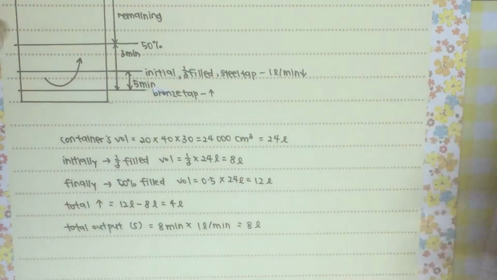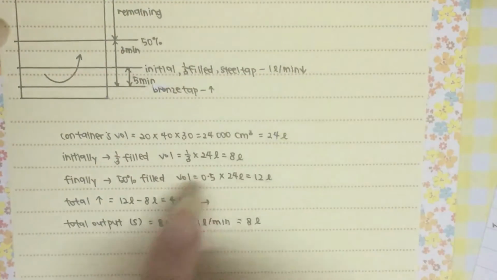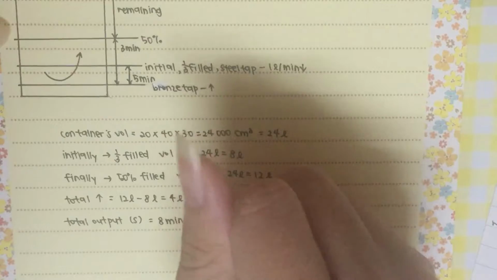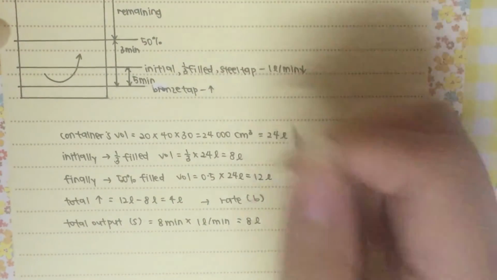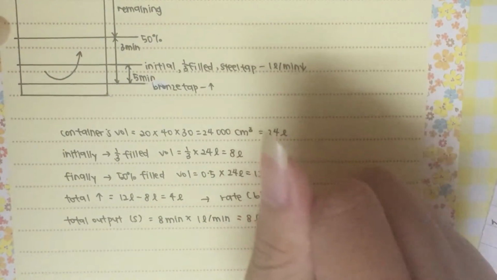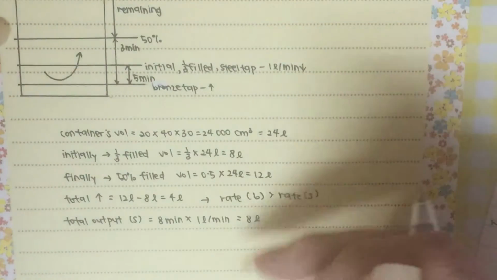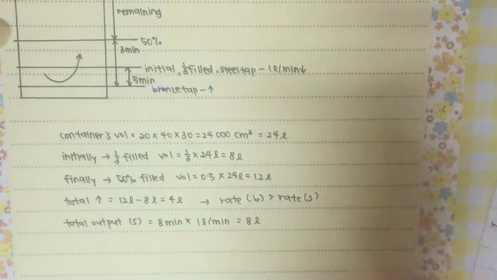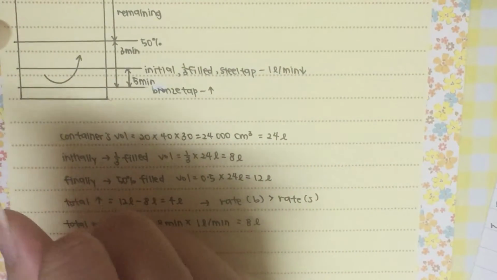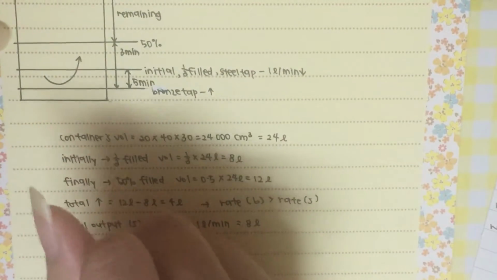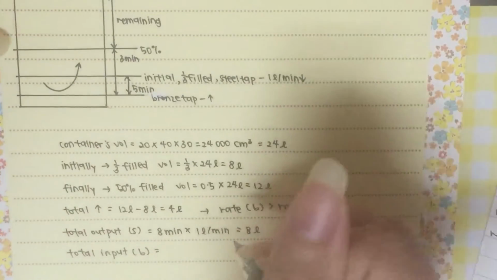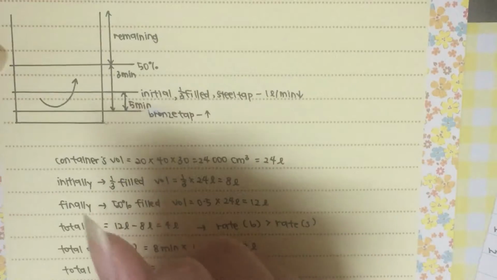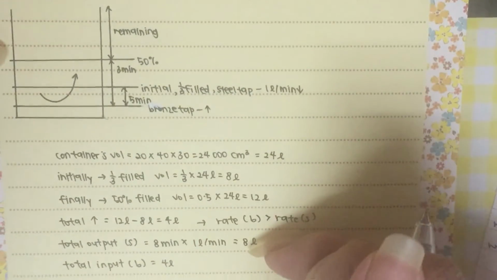So there's an increase in volume, right? It means that the rate of the bronze tap, which is B, must be faster than the rate of steel, which means water is coming in faster than water is going out. Therefore, the total input by B will be equal to 4 liters, the total increase, plus the amount that has been drained.